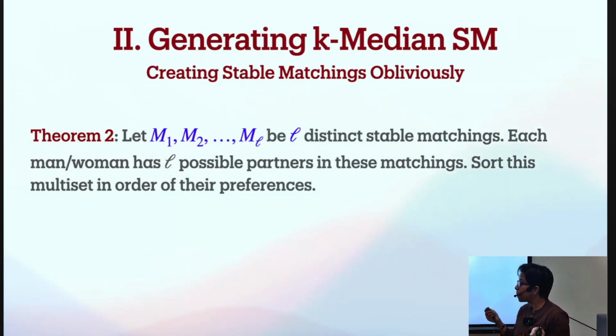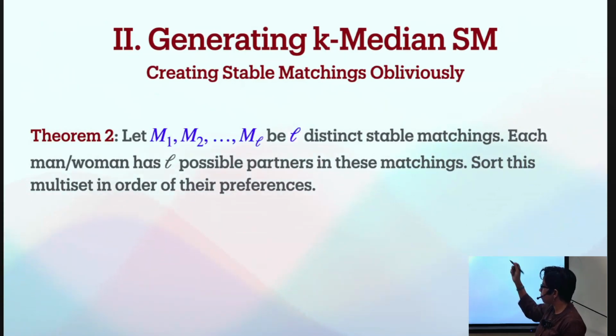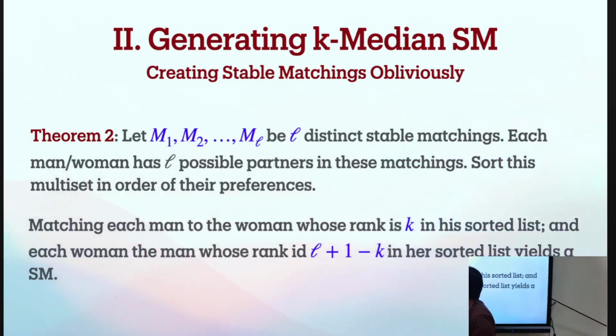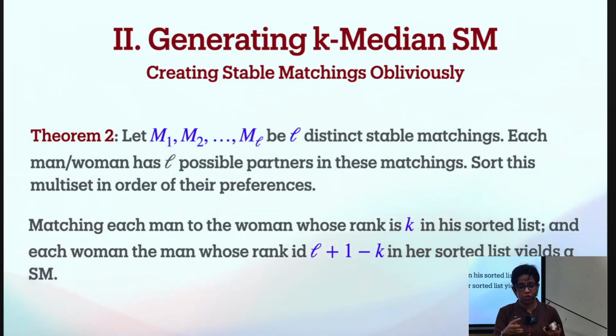So we are going to generate the K-median stable matching. K-median here is from the man side. So for each man you give a sorted list, and that could be a multi-set because this man can have the same partner in multiple stable matchings.